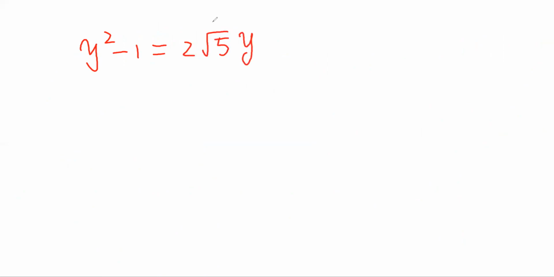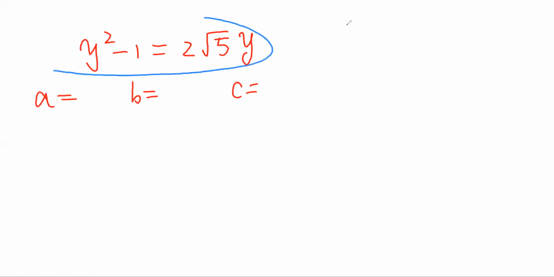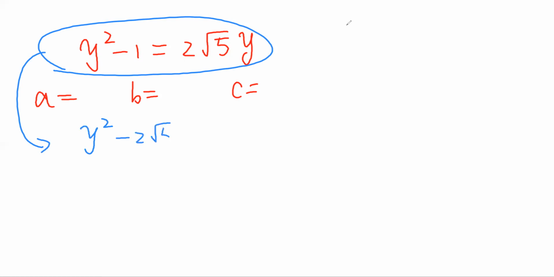All right, so can you guys find out A equals what? B equals what? C equals what? You guys get the answer? All right, so the first important thing is to transfer this to the general form, the general kind of expression, right?